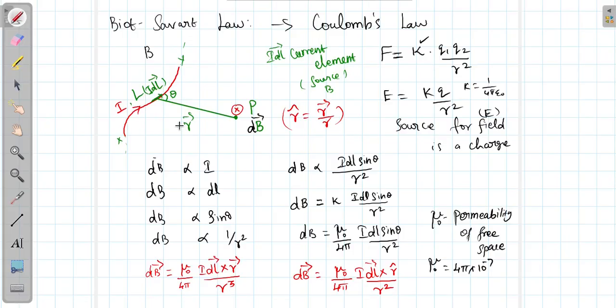At particular point P, the curled fingers will point into the paper, not out of it. Suppose point P is in this direction, the curled fingers will come out of the plane of paper. Therefore, the magnetic field is in the opposite direction if P is taken on the reverse opposite side.